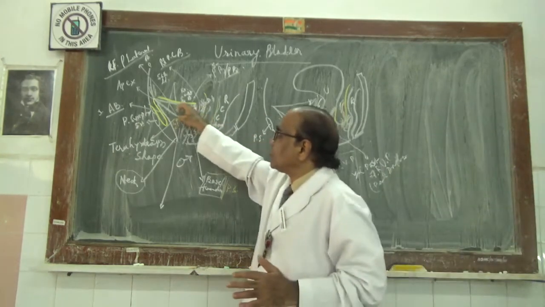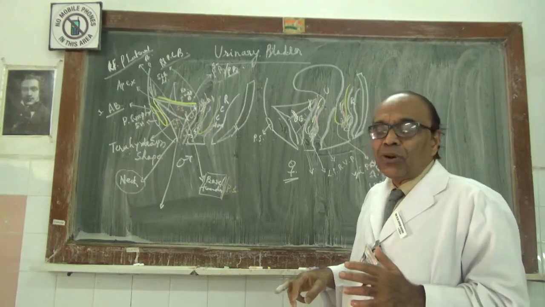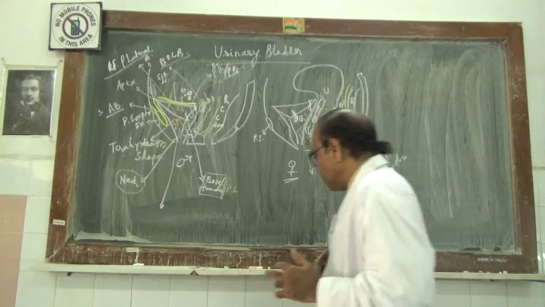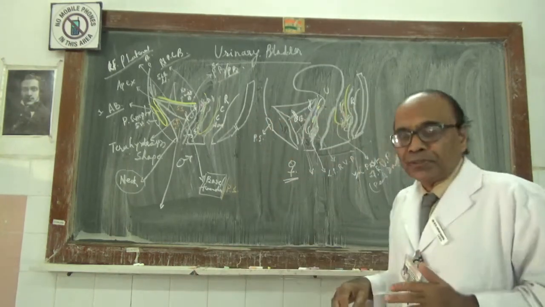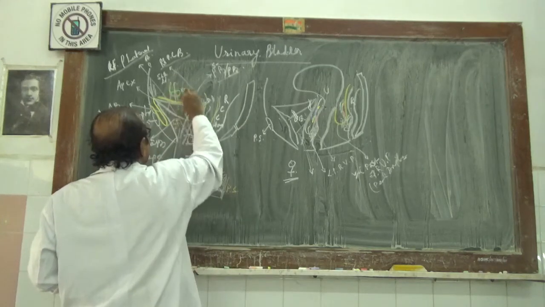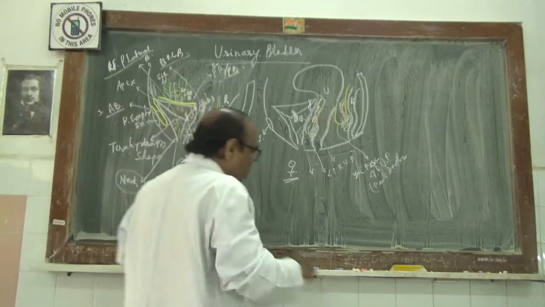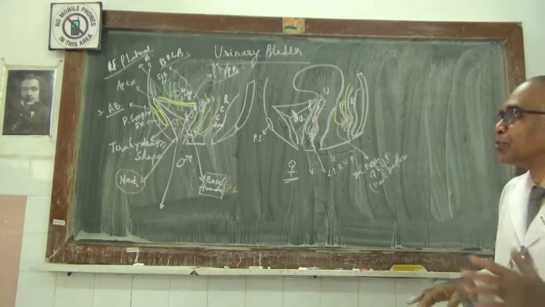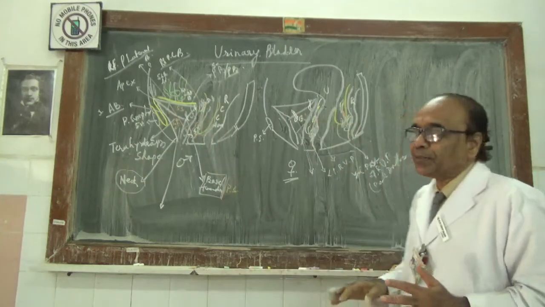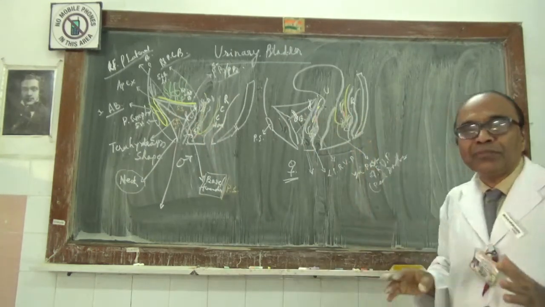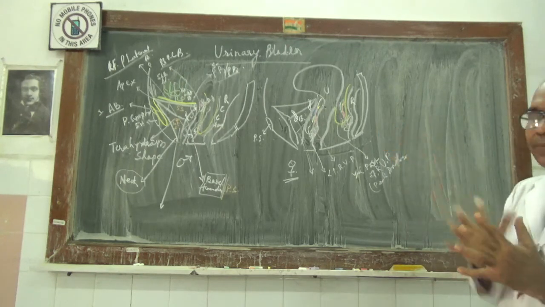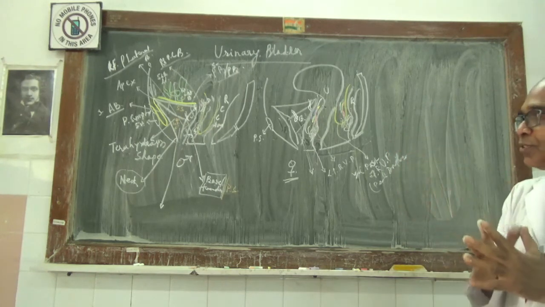So it is related to the visceral part of the peritoneum. Apart from that, it is also related to the coils of the ileum and less of the jejunum. So this is the thing here, nothing else, in male and female both.